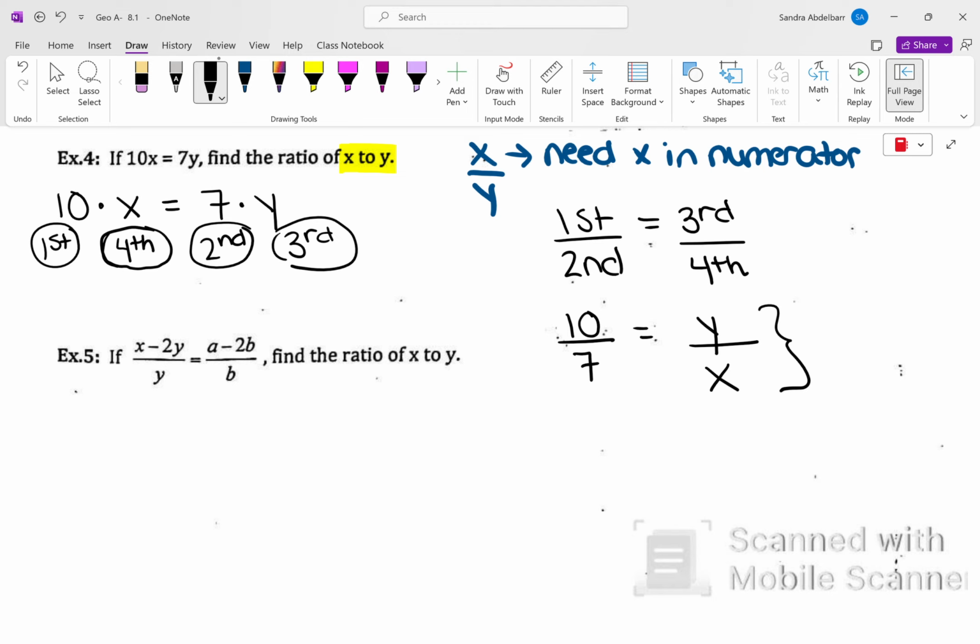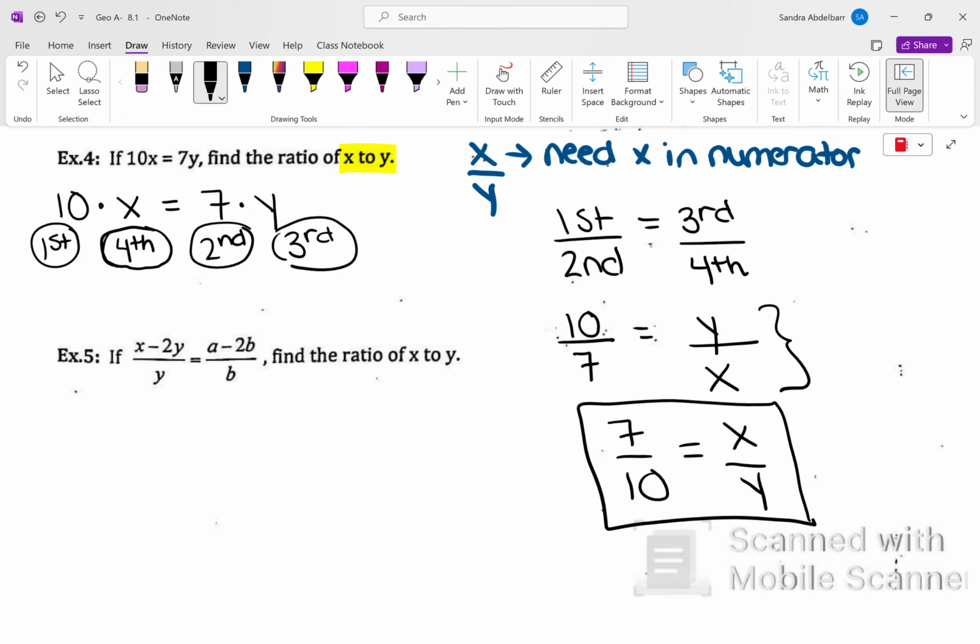What do I want? I want x to y. So if I want x to y, what do you think I have to do with the 10 and the 7? So since I flipped x and y, I have to flip the 10 and the 7. So it's 7 over 10. So the ratio of x to y is 7 to 10.